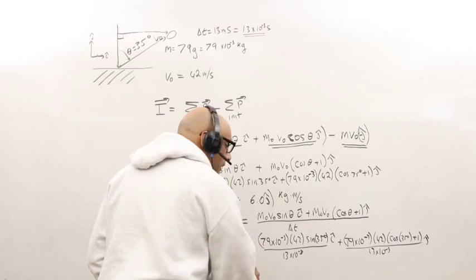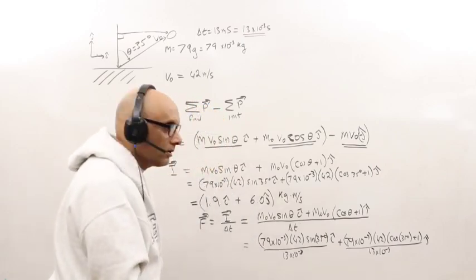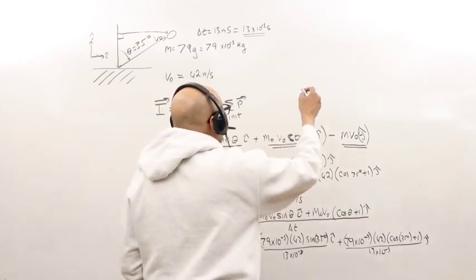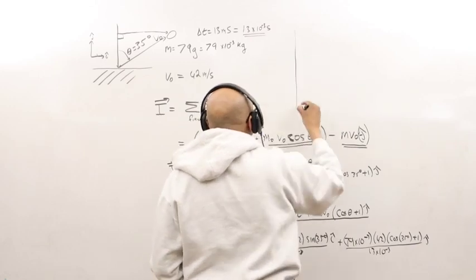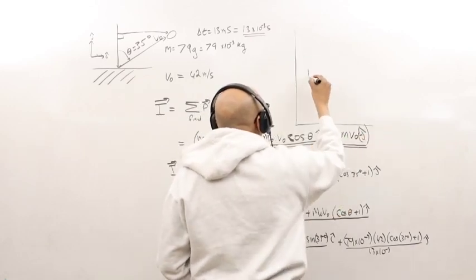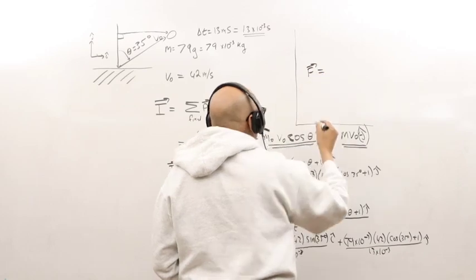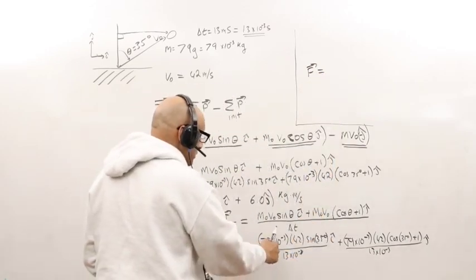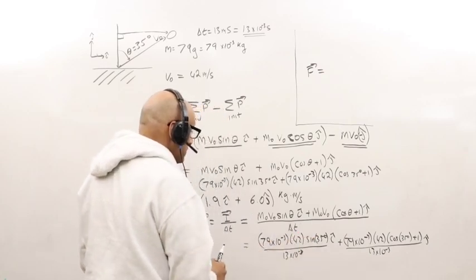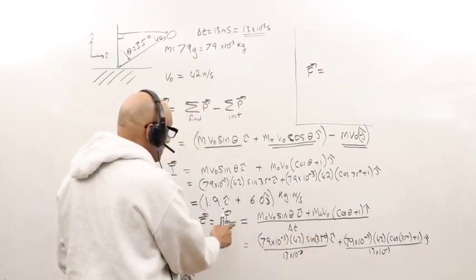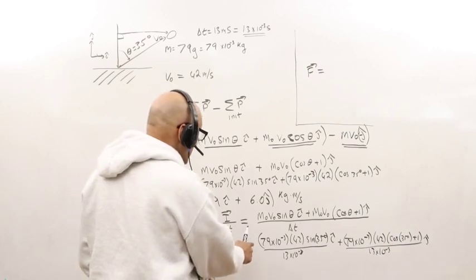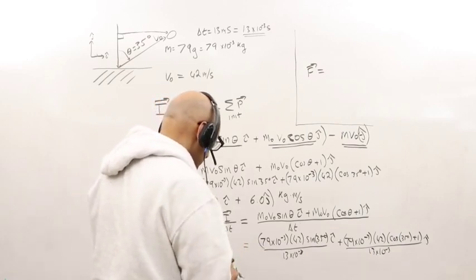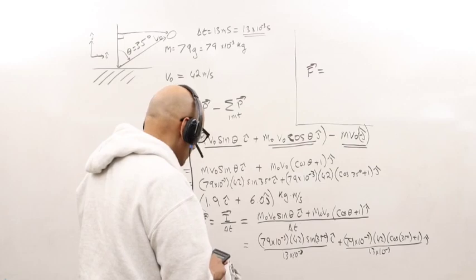So I'm going to write the final answer. F is equal to 1.9 divided by 13, but I'm going to use the original equation because there might be a precision error in the earlier calculation. So I'm going to use the new equation and recalculate.